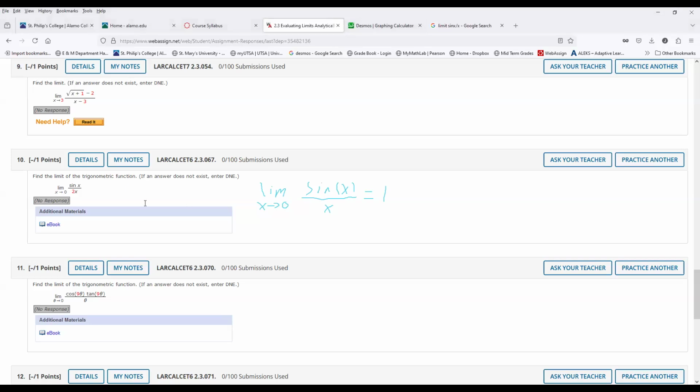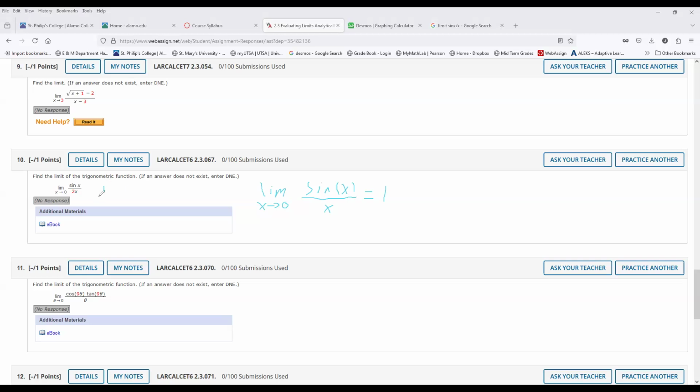Out of paranoia. But notice how down here there's a 2. So it's almost the same, right? All you got to do is pull this half out and you're good.